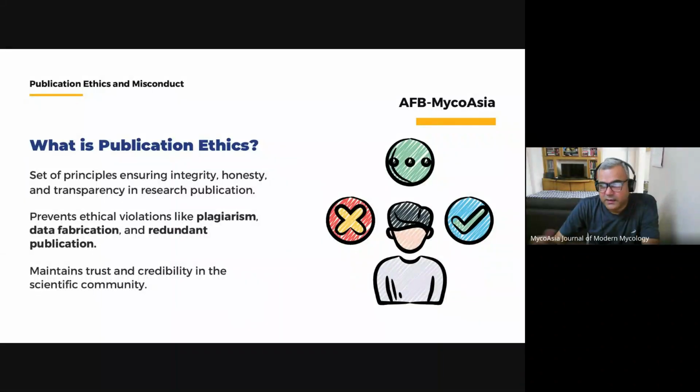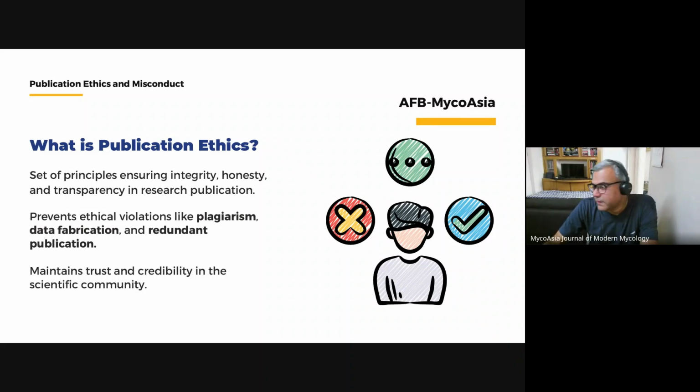At the end of this presentation of 30 to 40 minutes, you should be able to appreciate that if you follow the publication ethics, people will believe in us. People will believe in the scientists. Especially non-experts will believe in our results, our claims, if we follow the publication ethics. So publication ethics helps in maintaining the trust and credibility of the scientific community.